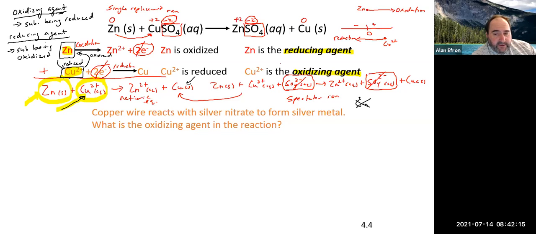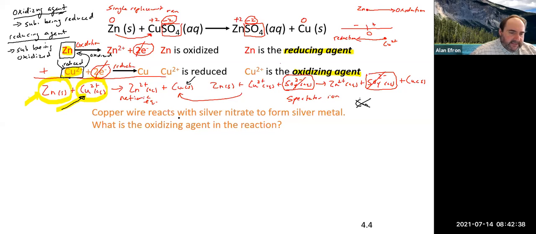Okay, so let's take a look at one here and see what we've got going on. We have some stuff in words here. We have copper wire reacts with silver nitrate to form silver metal. What is the oxidizing agent for this reaction?